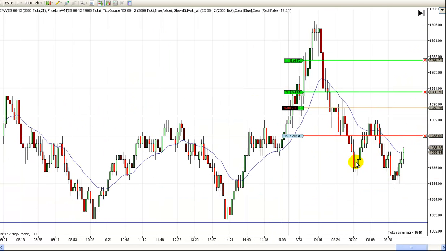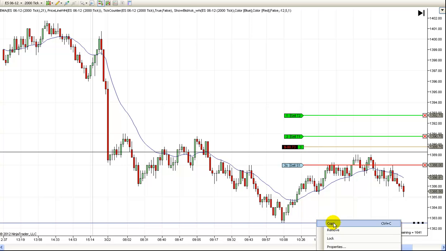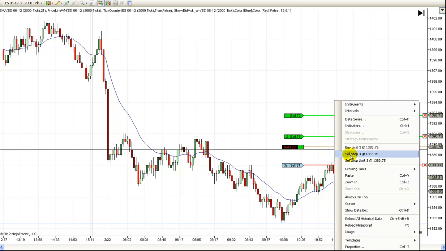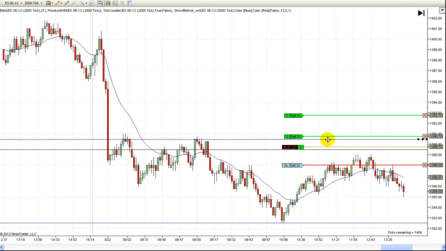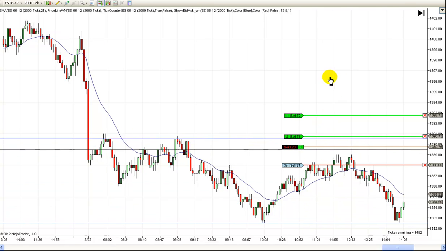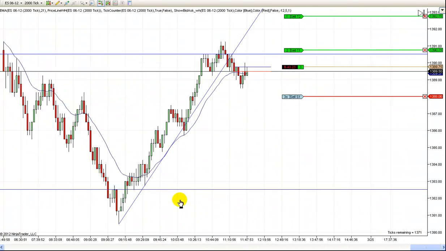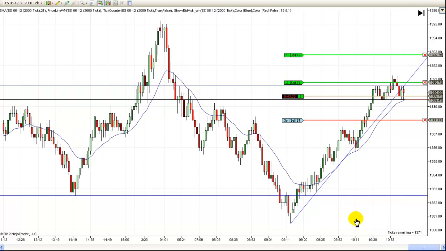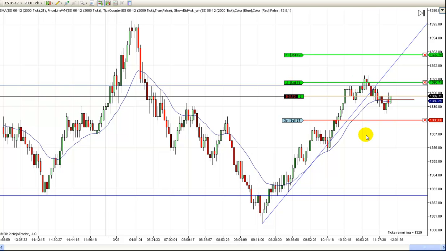Then the highs were mostly along here yesterday. And that's pretty much what we're fighting right now, and that's the reason we got some resistance right there, because that was the highs of yesterday.